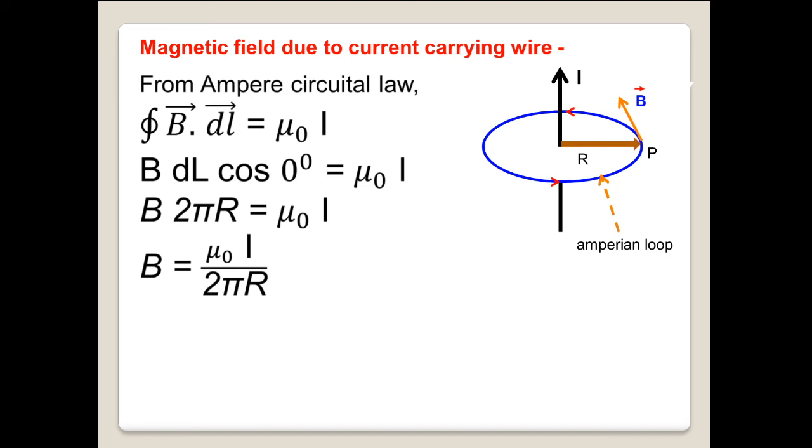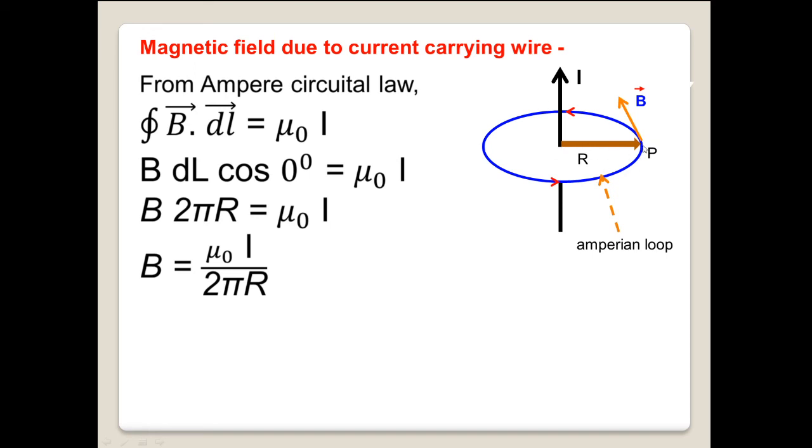Now, magnetic field due to a current carrying wire. Here a straight wire carries current I. Here it is an Amperian loop, and at point P, at distance r, we have to find the magnetic field due to this current carrying wire.